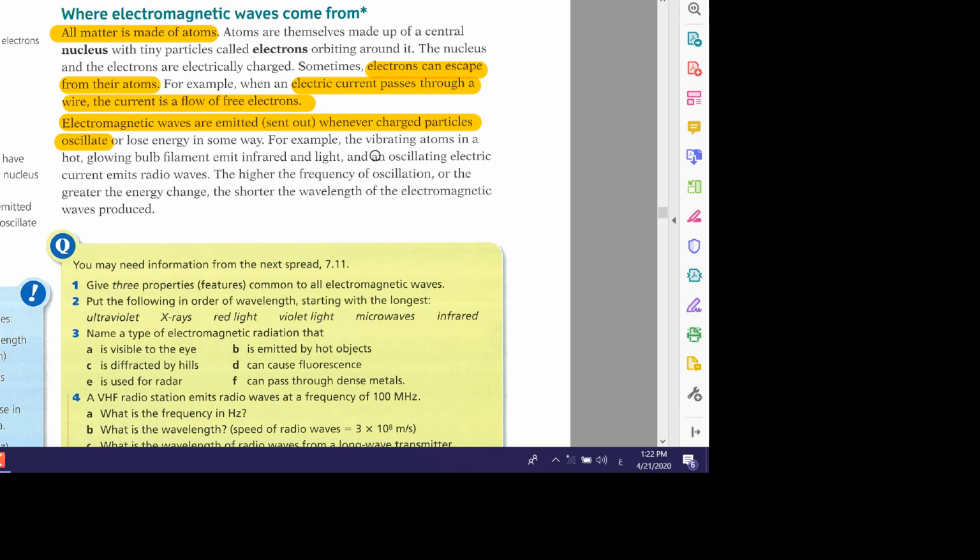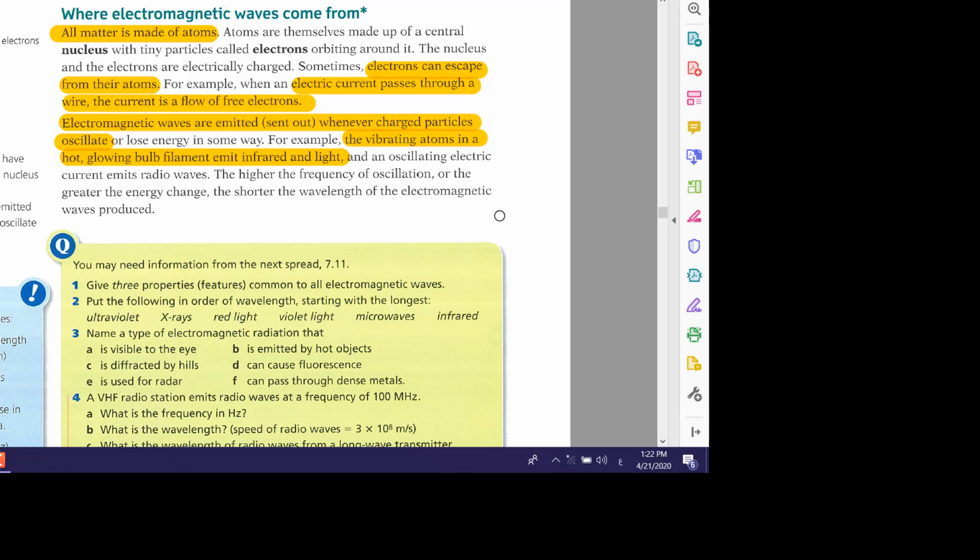The vibrating atoms in a hot glowing bulb filament emit infrared and light. Again, when electricity passes through the bulb, the atoms that make up the filament will start vibrating.